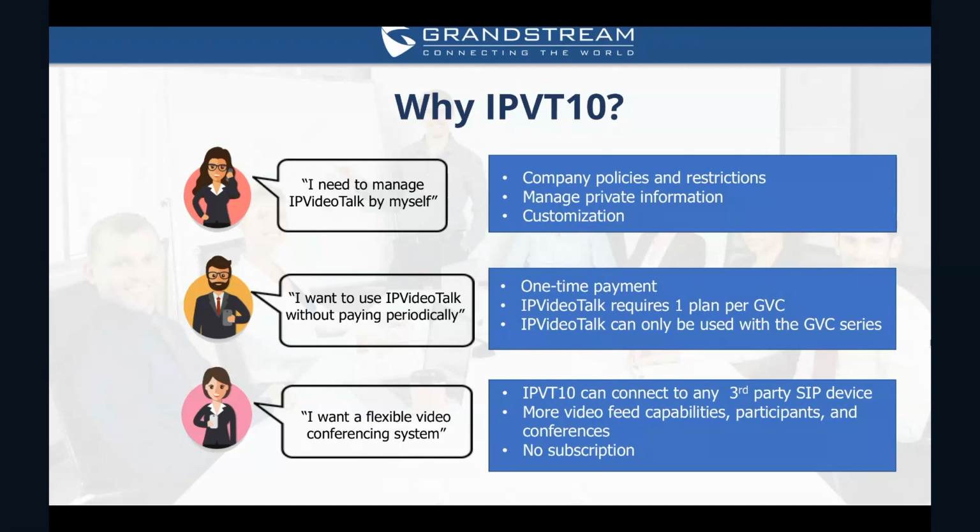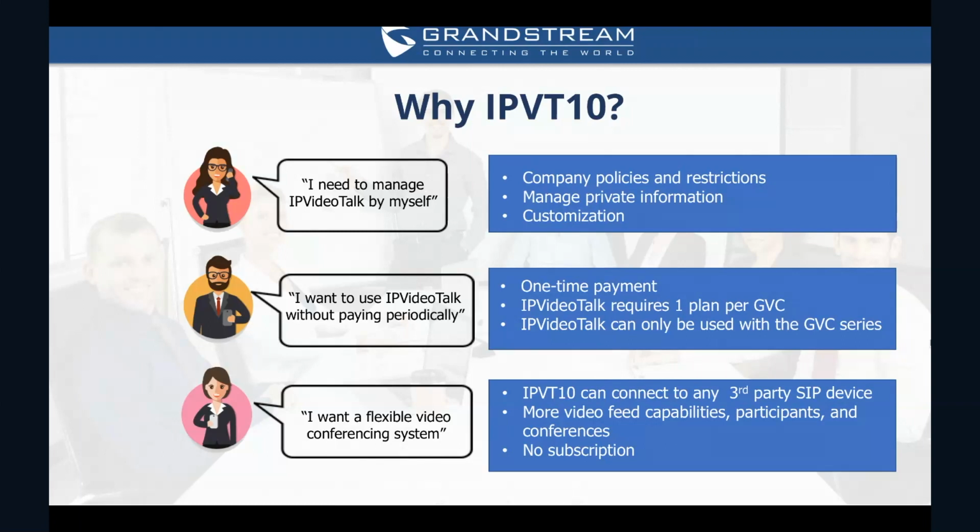And in the next case, it shows, I want to use IP Video Talk without paying periodically. Every GVC device comes with a 1-year free trial with the small business plan. Customers can upgrade their plan anytime if they need a higher participant level plan, which includes up to 8 participants. Our Plus plan offers a maximum of 100 participants.